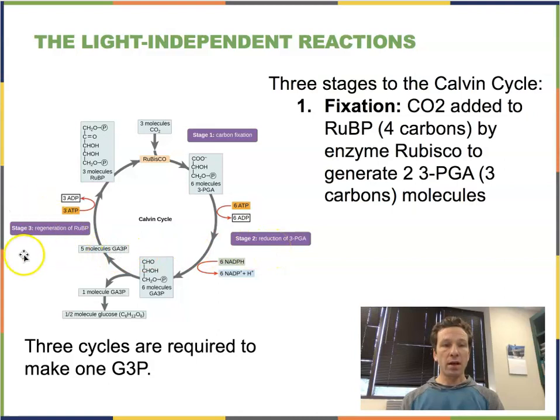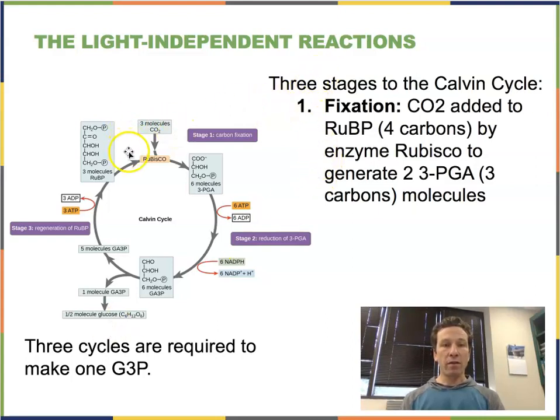And finally, you'll see that the last set of steps, or stage 3, is where some of our molecules that result from stage 2, namely G3P, are used to regenerate RuBP. And this is necessary so the RuBP will be available to do another round of the cycle. You can also see down here at the bottom that some of our G3P is going to exit and be used to form glucose. So now let's go over that in much more detail.